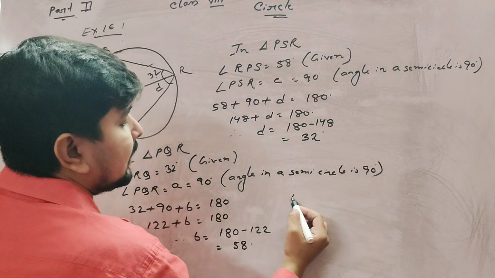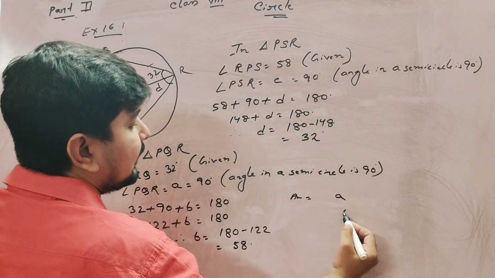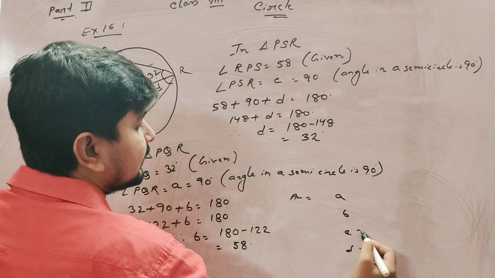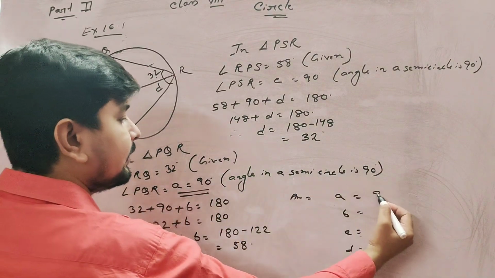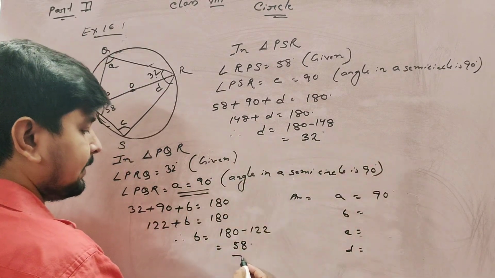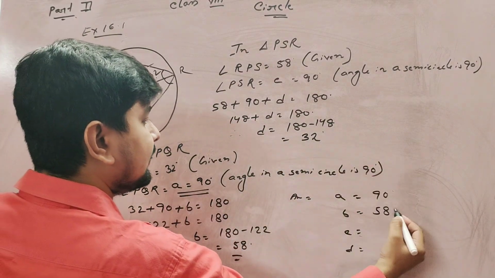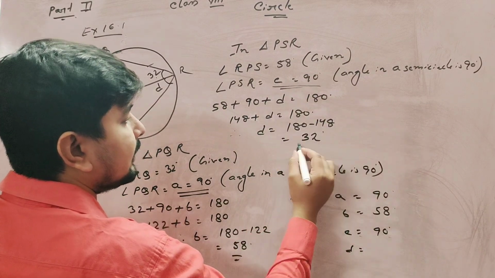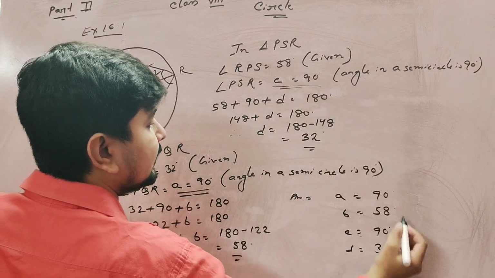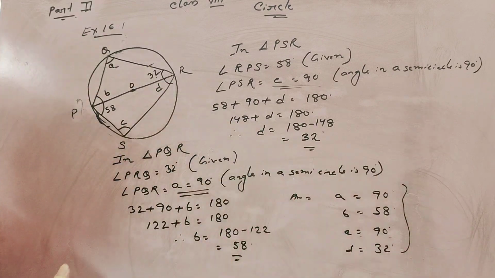Clear? So our answer: A equals 90 degrees, B equals 58 degrees, C equals 90 degrees, D equals 32 degrees. Okay, note.